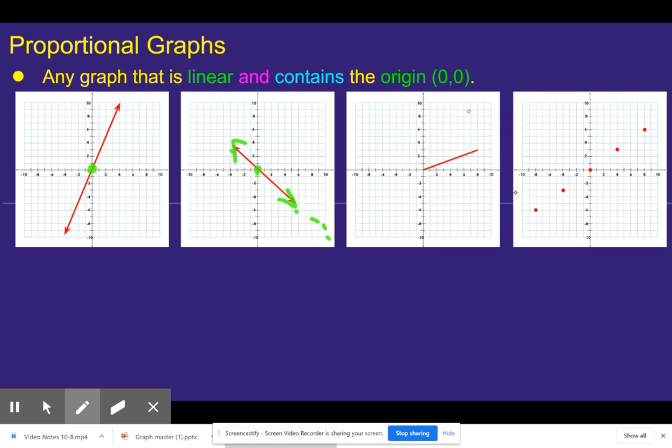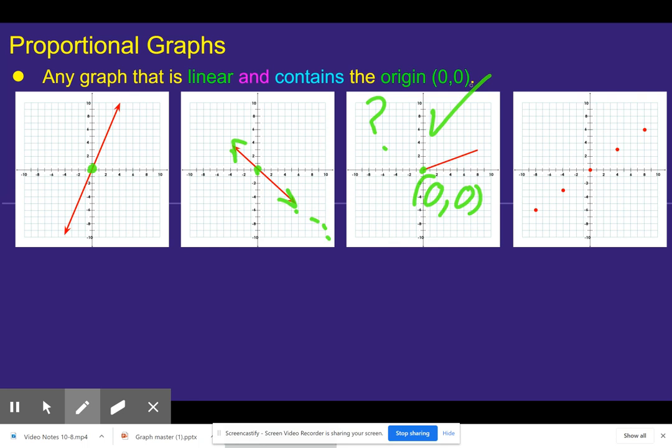This one, however, doesn't have arrows and it doesn't quite go through the origin, but it actually touches the origin. In this case, what we're evaluating is, does it have the ordered pair 0, 0? And it does. So this would definitely check out.